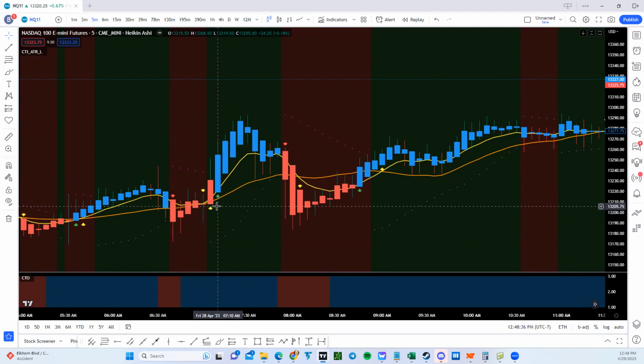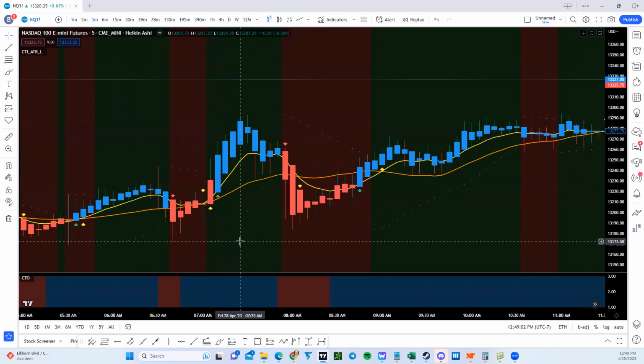So maybe we should potentially consider taking this trade, which is what I would have done. If I had seen those many confirmations, I would have felt confident about taking this trade. I would have gotten in. And as you can see, it did manage to go on and provide some decent points. From the signal up to here, it's almost 60, 70 points right there.